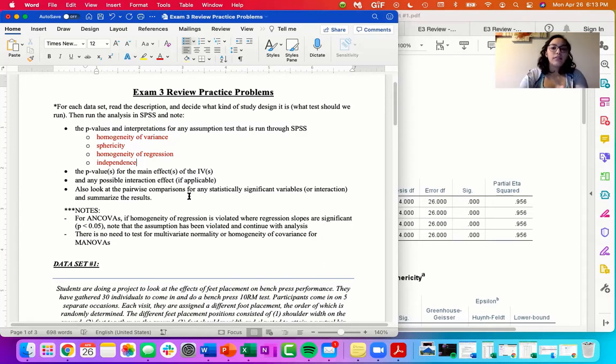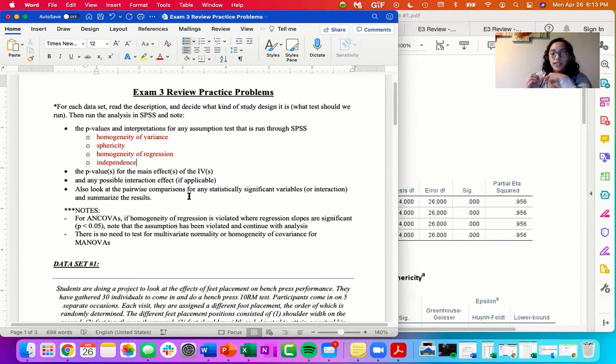So for MANOVAs, we add multivariate normality and the homogeneity of variance-covariance. Neither of those is going to have a p-value reported for it. If you need to list the assumptions, they can be added into a list of assumptions, but they don't need to be reported on.